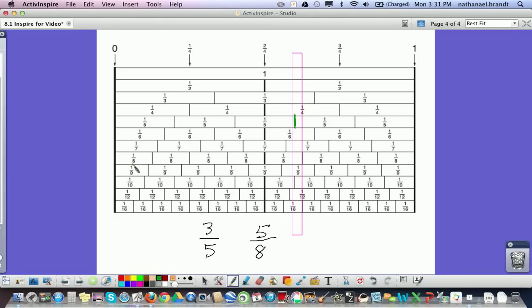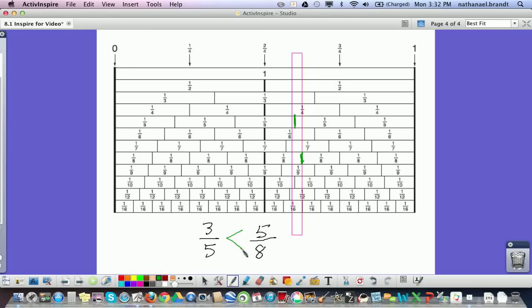We come down to our eighths: 1/8, 2/8, 3/8, 4/8, 5/8. 5/8 is right here. Looking at our marks, we can see 3/5 and 5/8 are almost exactly the same amount, but 3/5 is a little bit less than 5/8. So our fraction stick chart can help us determine that 5/8 is greater than 3/5.